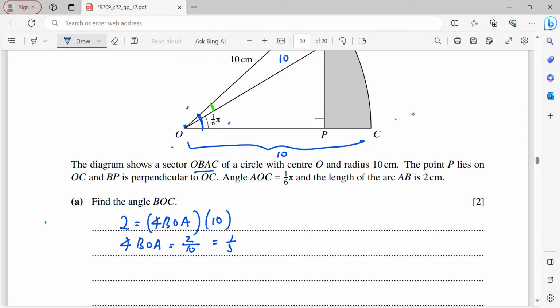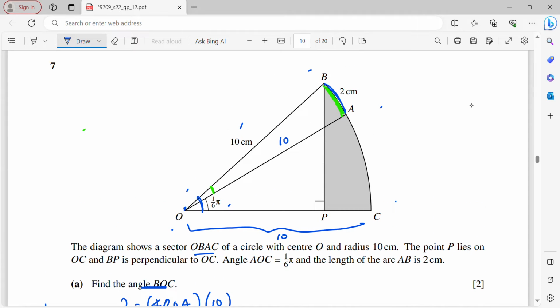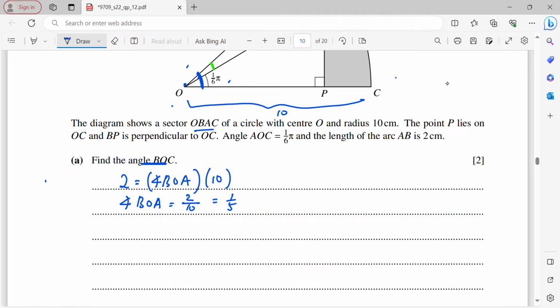So from here, I will get angle BOA equals 2 over 10, which is 1 over 5. So now we need to find angle BOC. So obviously, your angle BOC, the blue angle, is the green angle, which is BOA, plus pi over 6. So just add both together.